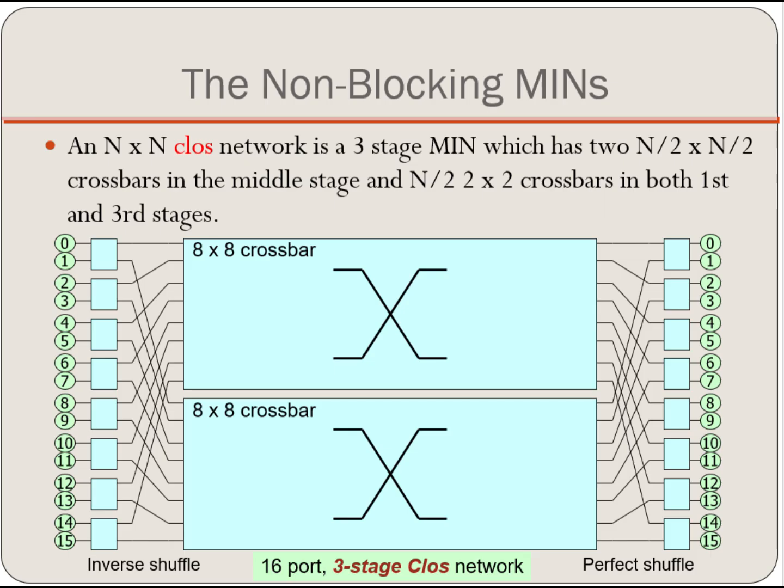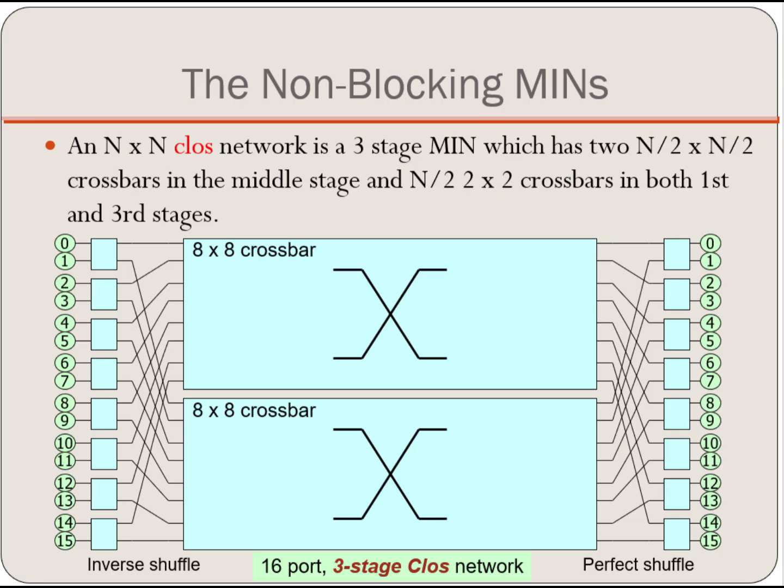You can always replace a bigger crossbar by something like this, and applying this mechanism recursively, eventually the crossbar is a 2x2 crossbar. So eventually you can construct a non-blocking network only from 2x2 crossbars.